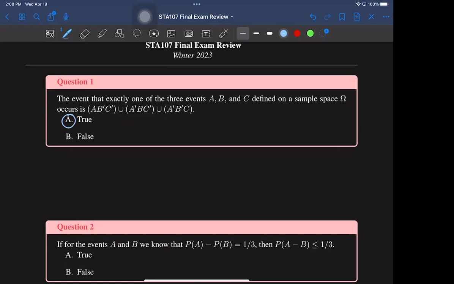There are at least 5 people who chose true here. So how do you know that it is true? What does the first expression represent?